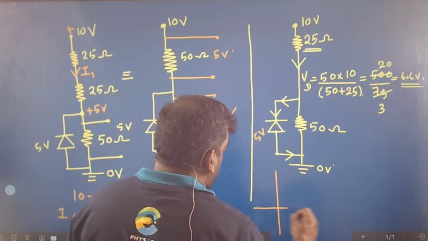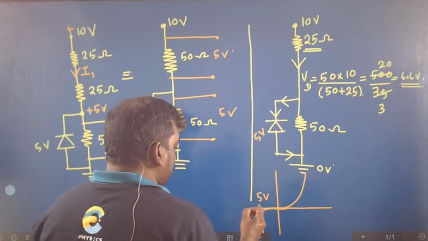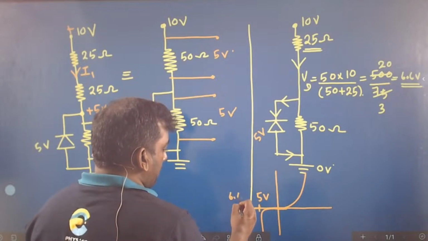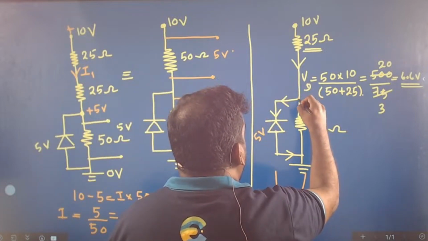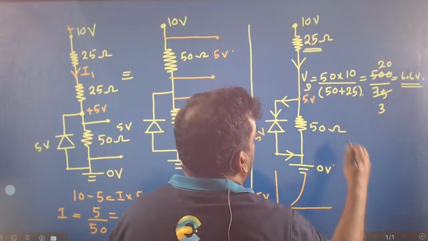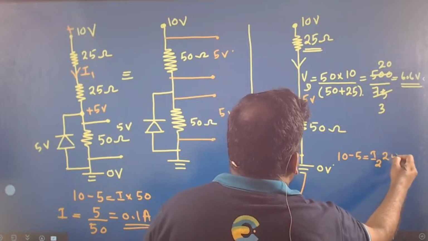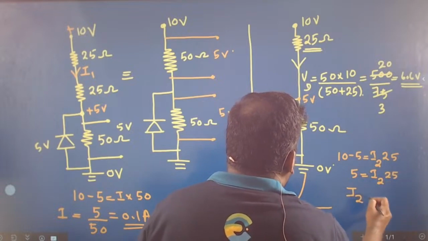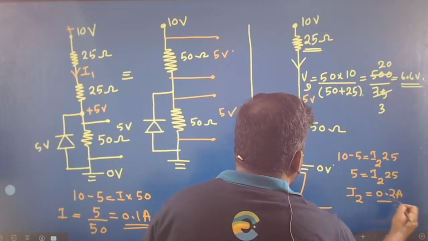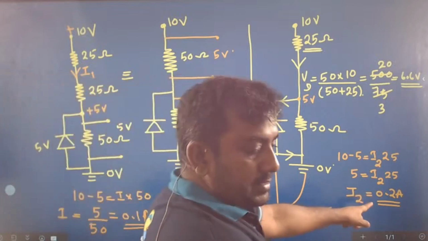You know the characteristic of a diode. Here breakdown is 5 volt means 6.6 can't occur. So 5 volt. So 0 here, 5. Potential difference there is 10 minus 5, I2 times 25. 5 equals I2 times 25. I2 is equal to 0.2 amperes. So your current will vary from 0.1 amperes to 0.2 amperes.